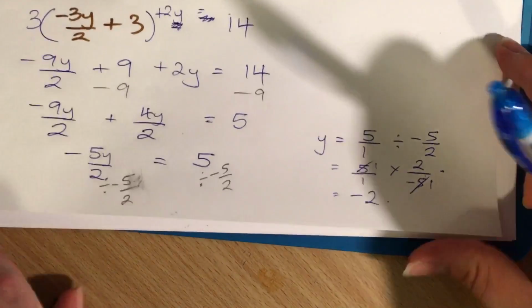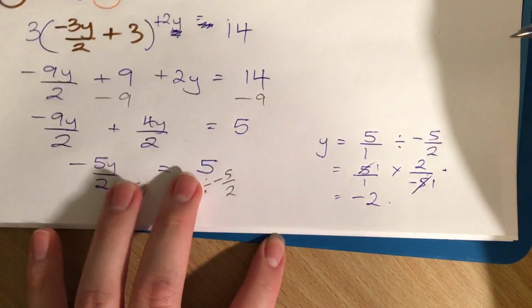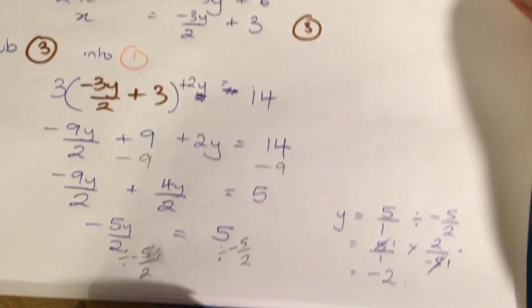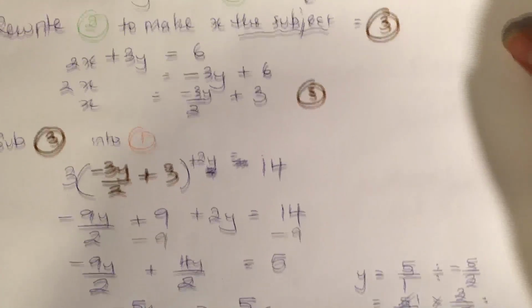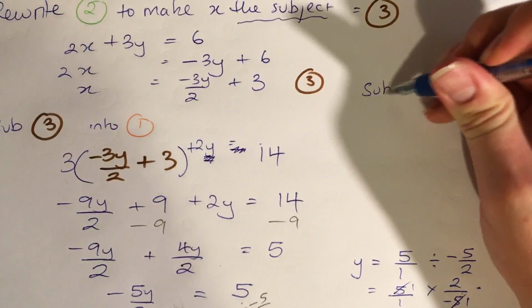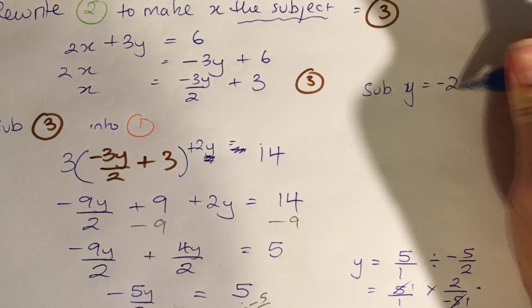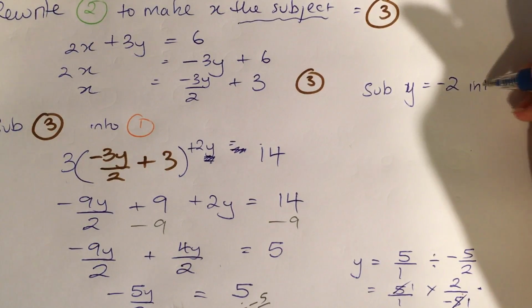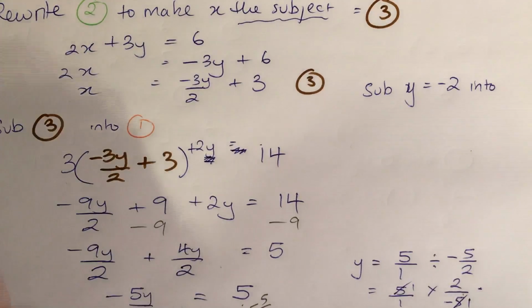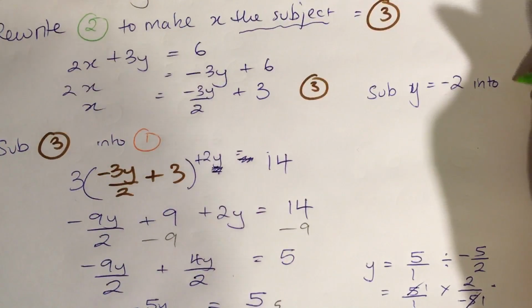Now, hooray, we've got y equals negative 2. So now I need to figure out what x is. So I'm going to substitute y equals negative 2. I'm going to choose equation 2 this time because we've already done lots with equation 1. Doesn't matter.